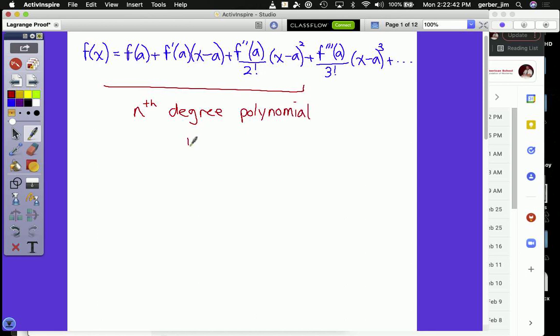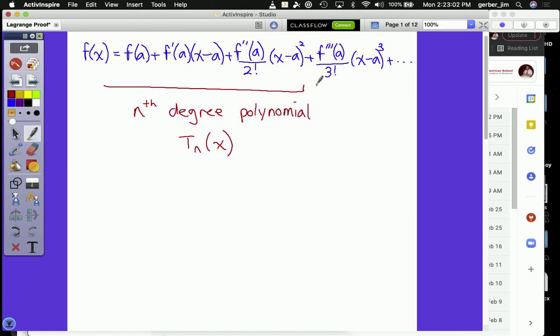And that nth degree polynomial I'm going to call t sub n at x, for Taylor polynomial of the nth degree. And of course, in my case it looks like I've truncated it after 2, but I could truncate it after whatever order I want.